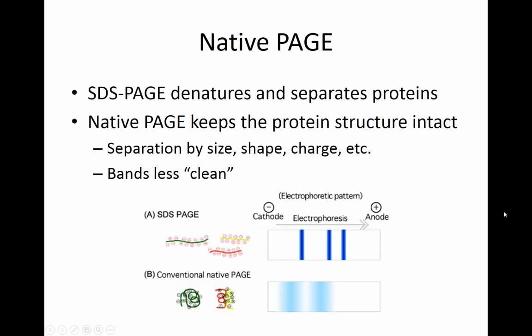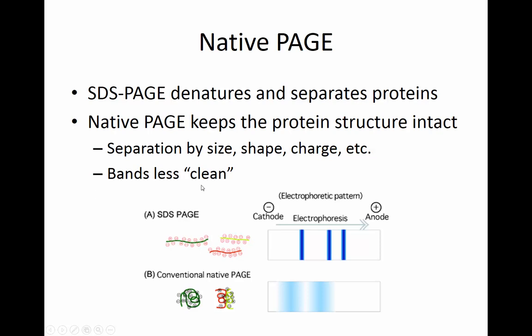And we don't have to use SDS in our PAGE gels. Say we want to keep our proteins intact. Well, SDS-PAGE is not going to do that for us. It'll denature and separate proteins. Native PAGE, however, will keep the protein structure intact. So essentially you end up separating by size, shape, charge, etc. And you saw the crisp bands that could be made with SDS-PAGE gels.